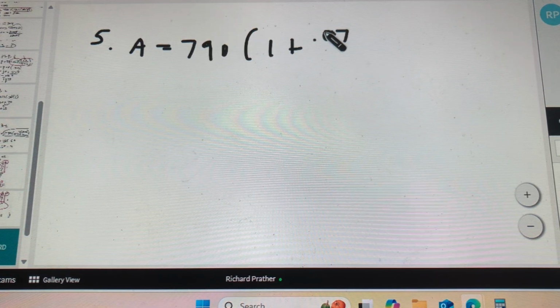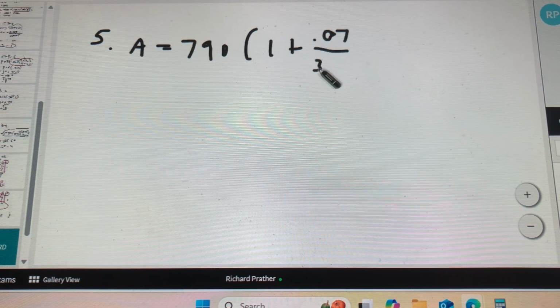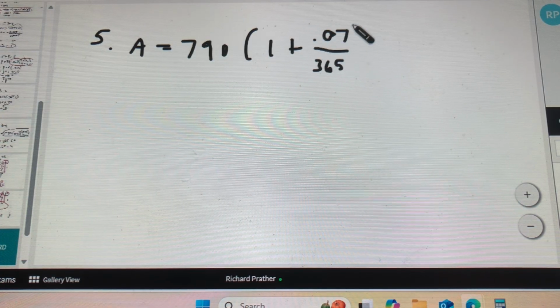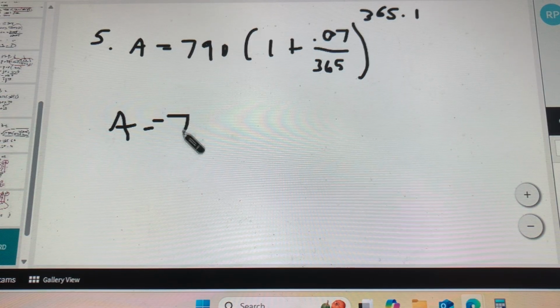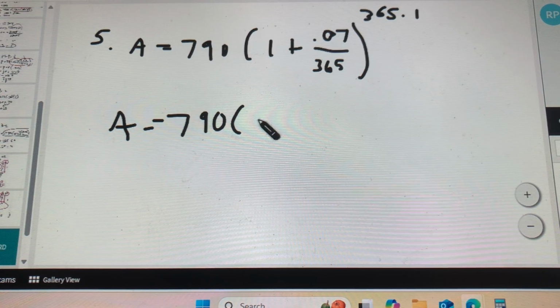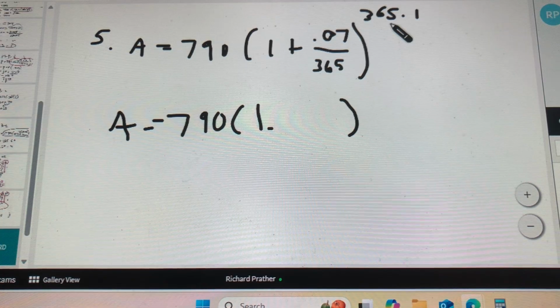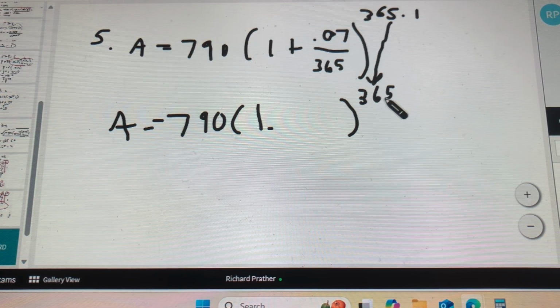Daily, you do 365 for both the denominator and the first slot of the exponent. And they're only doing this for 1 year, so times 1. Okay, so 365 times 1 is clearly 365. That's easy for step 1.